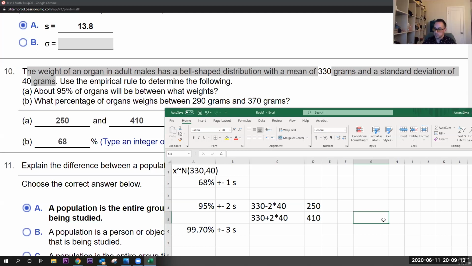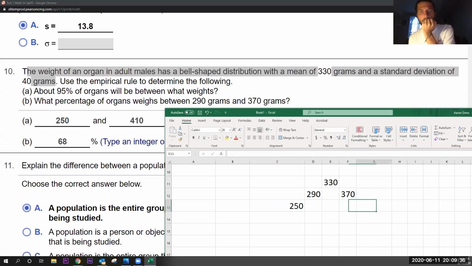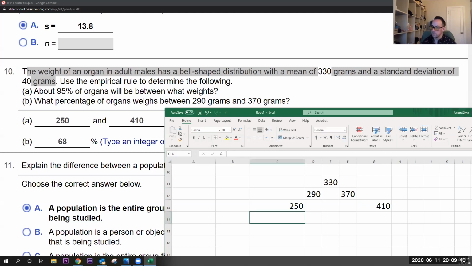So you can start at a center of 330, and if I subtract 1 standard deviation, 40, I go to 290. If I add 40, I get 370. If I go 2 standard deviations out, I subtract 40 again and go to 250, and adding 40 gives 410.